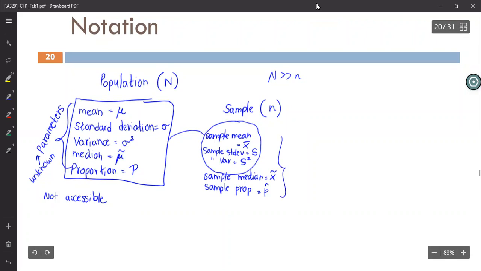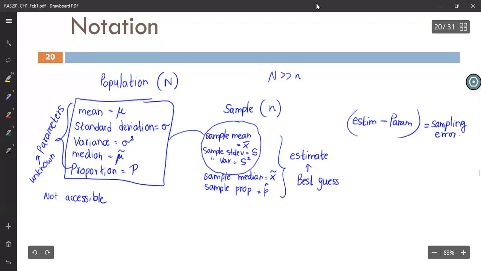Whenever you see this hat, that means it is an estimate. These are called estimates. You don't know the true value, but the best guess you can have is called the estimate. The difference between the estimate and the parameter, taking the absolute value, that means dropping the plus or minus sign, is called the sampling error.